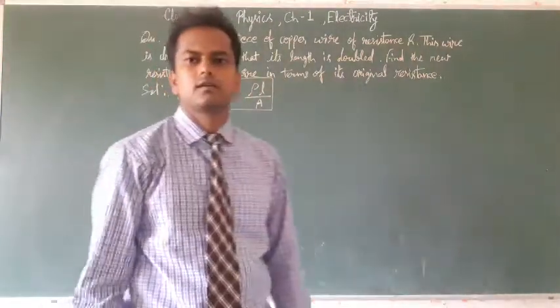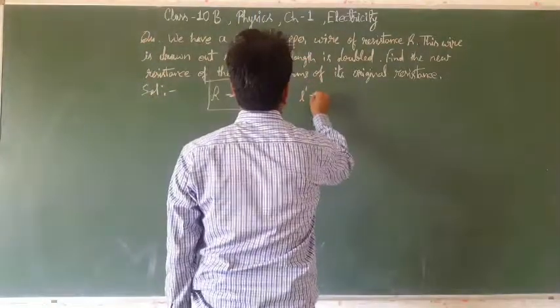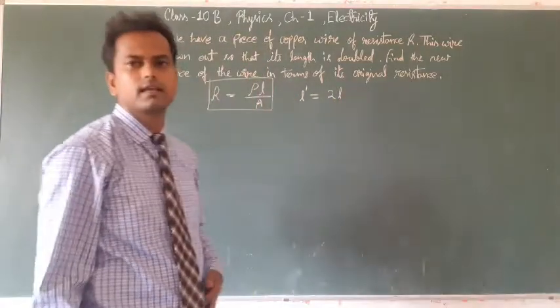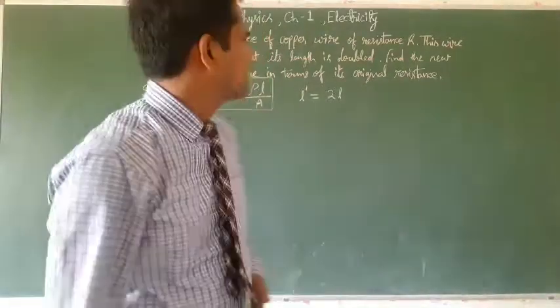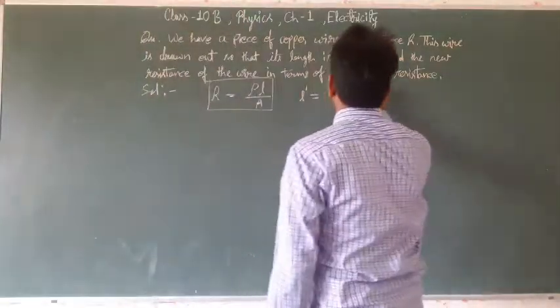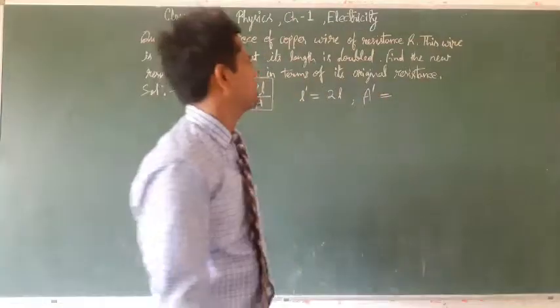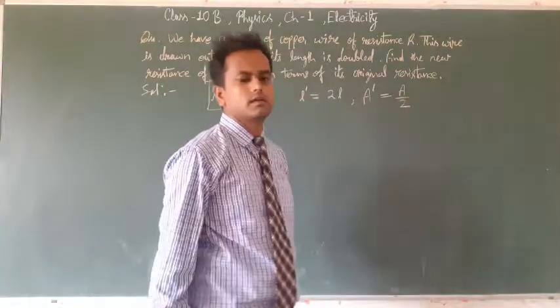If we double the wire, it means L dash is equal to 2 times of L. Then what will be the area? It means area will be half, that is A by 2. Got it?